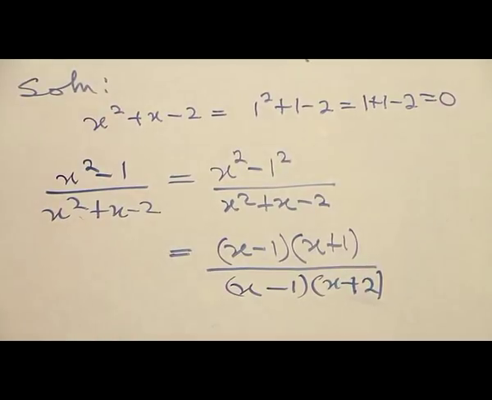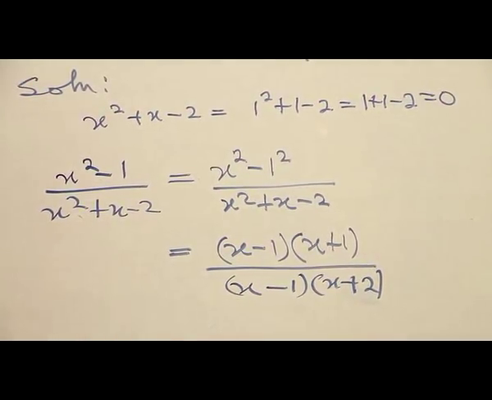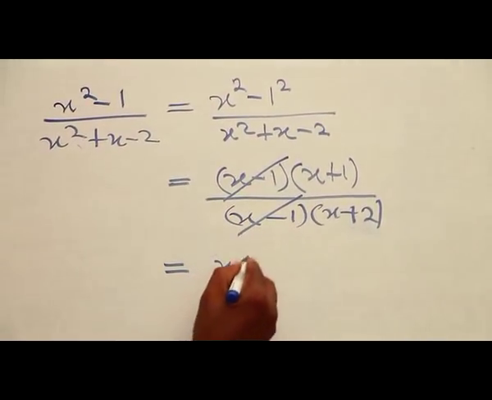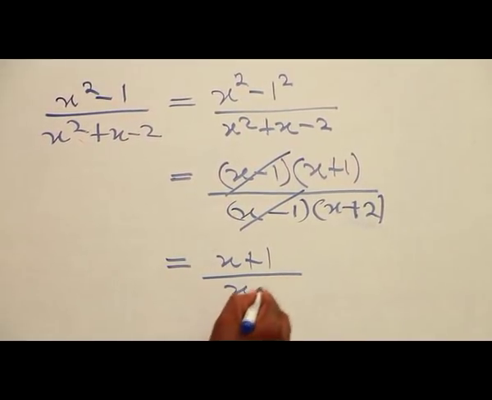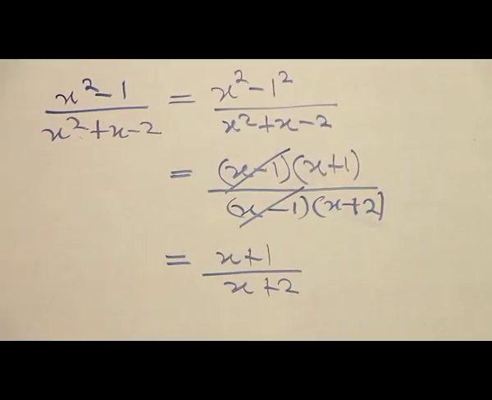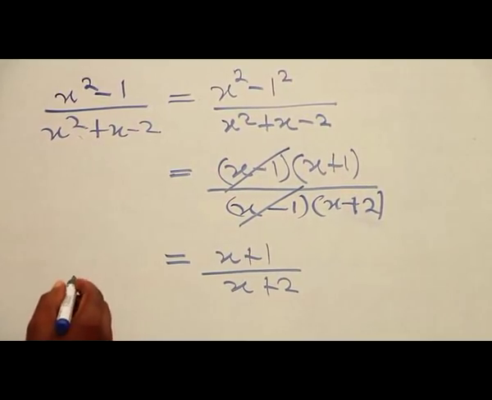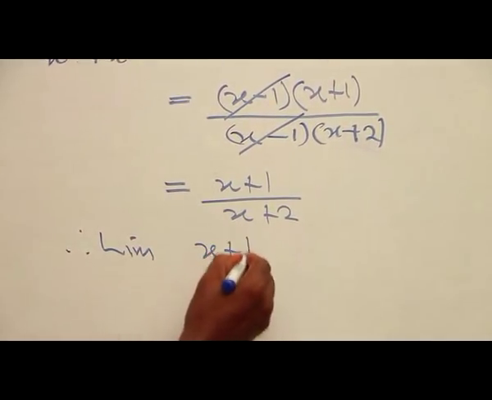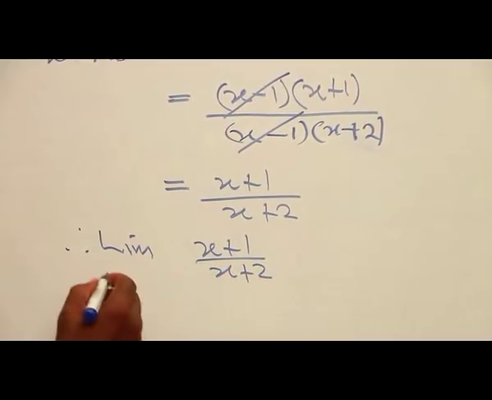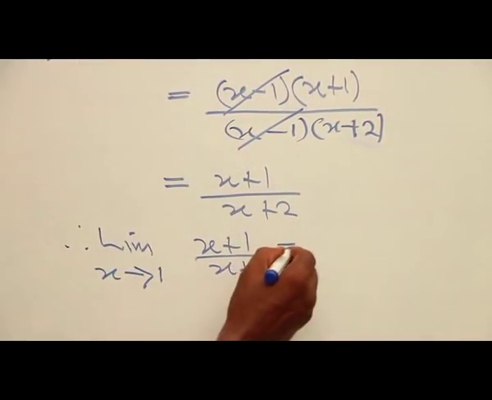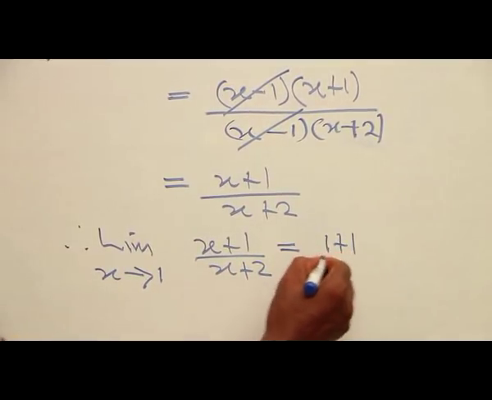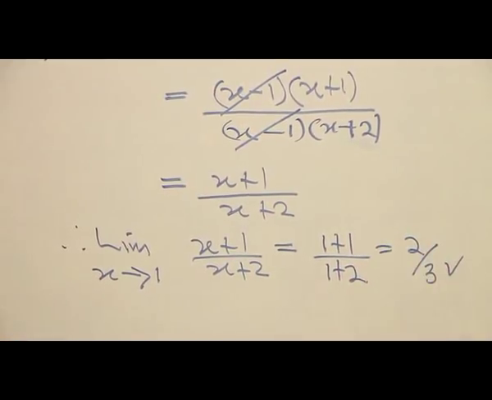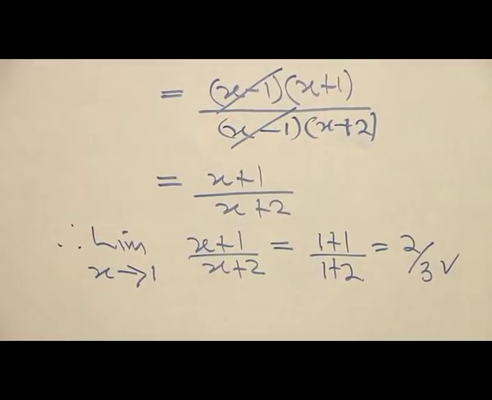Good. So we have factorized both the numerator and the denominator. Now s minus 1 and s minus 1 will cancel, leaving you with s plus 1 all over s plus 2. So we will determine the limit of this function as s tends to 1. The limit of the function s plus 1 all over s plus 2 as s tends to 1 will be equal to 1 plus 1 all over 1 plus 2, and that is equal to 2 over 3. So the limit is 2 over 3.